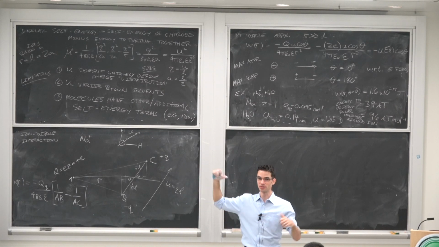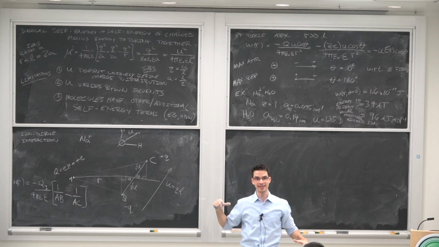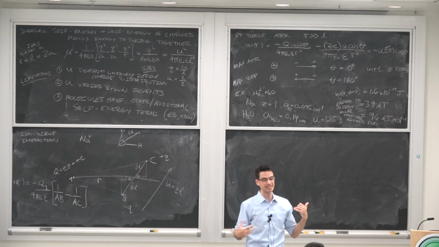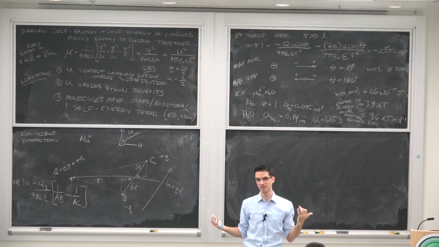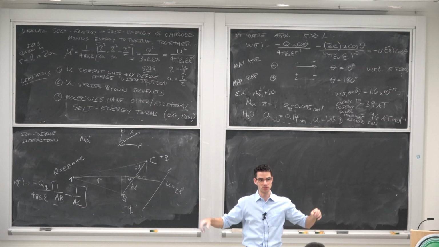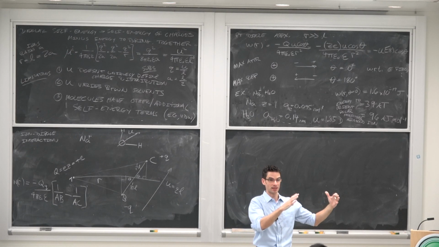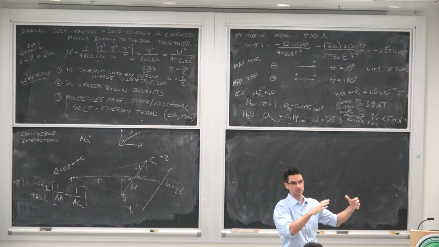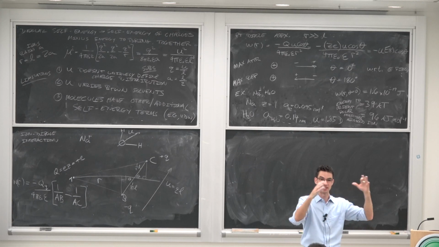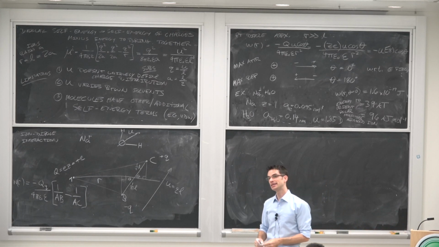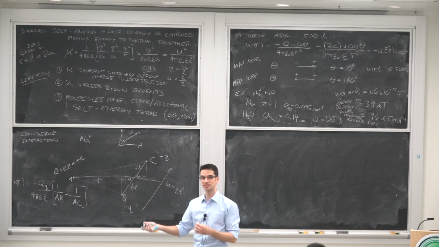The water molecules will stick in, but they'll swim away because 39 kT is pretty good, but there's going to be some distribution where there's enough thermal energy in the system to break some of these bonds, and those molecules can exchange with others.